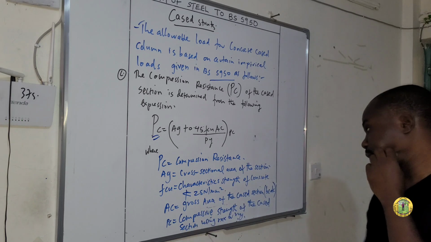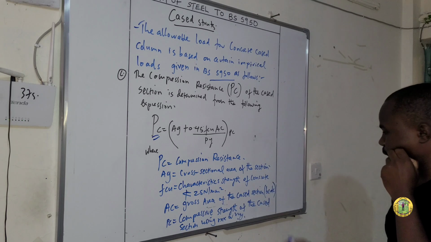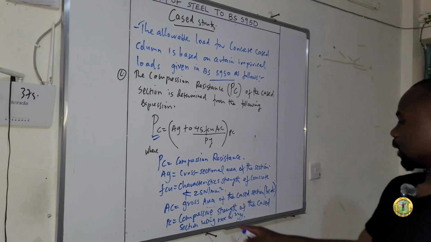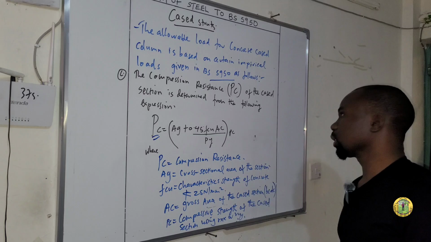Then capital AC is the gross area of the cased section, which is BC times DC. Then small pc is the compressive strength of the cased section, determined using the radius of gyration about x-axis and y-axis.